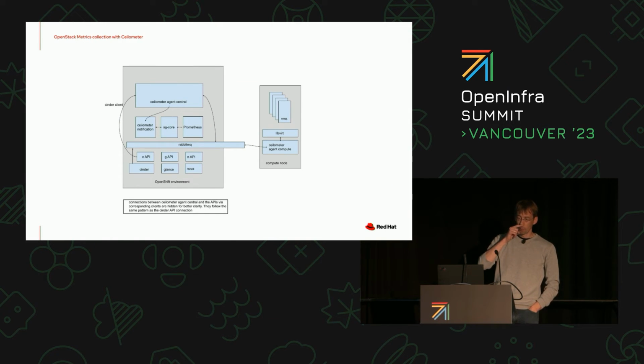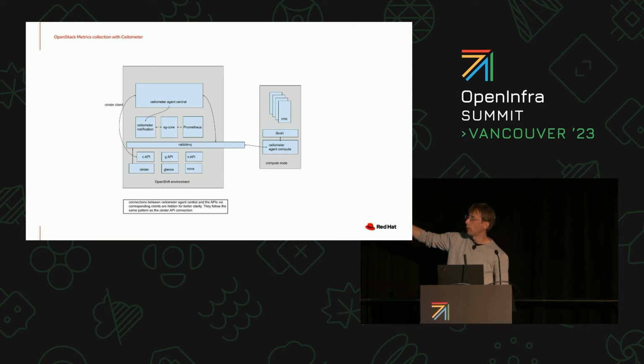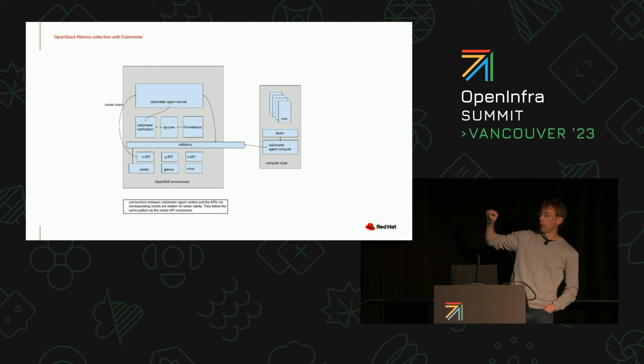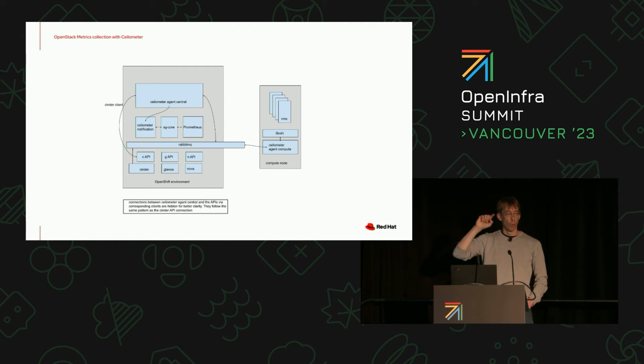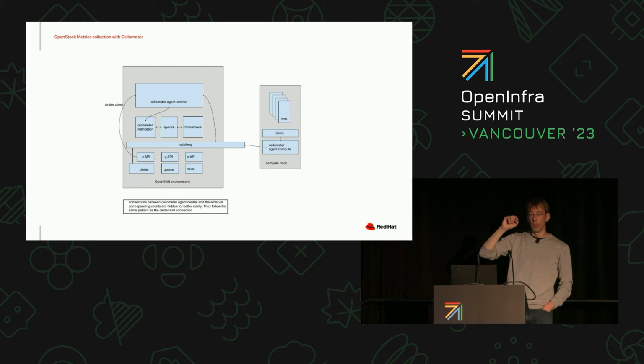We've done a proof of concept. So I've mentioned before the ceilometer notification agent. In this case, on the left-hand side in the middle of the gray box, there is a component named sgcore, which is basically an exporter that is directly hooked to the ceilometer notification agent, and that can expose ceilometer metrics directly in a way that it can be scraped by Prometheus.